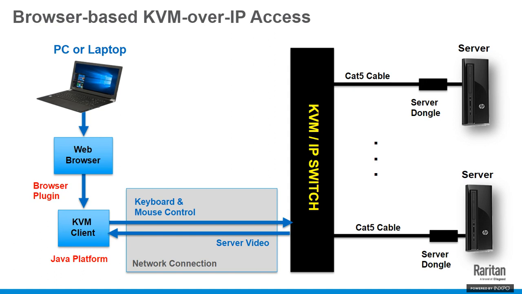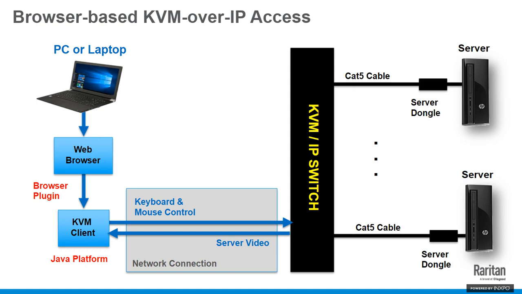Okay, so let's delve into this a little bit deeper. This is browser-based KVM over IP access, where we have a user here at their PC or laptop, and we have servers, let's say, in a server room. I connect a dongle, we call it a computer interface module, directly into the keyboard, video, and mouse ports on the server. That gives you that direct hardware connection to the server.